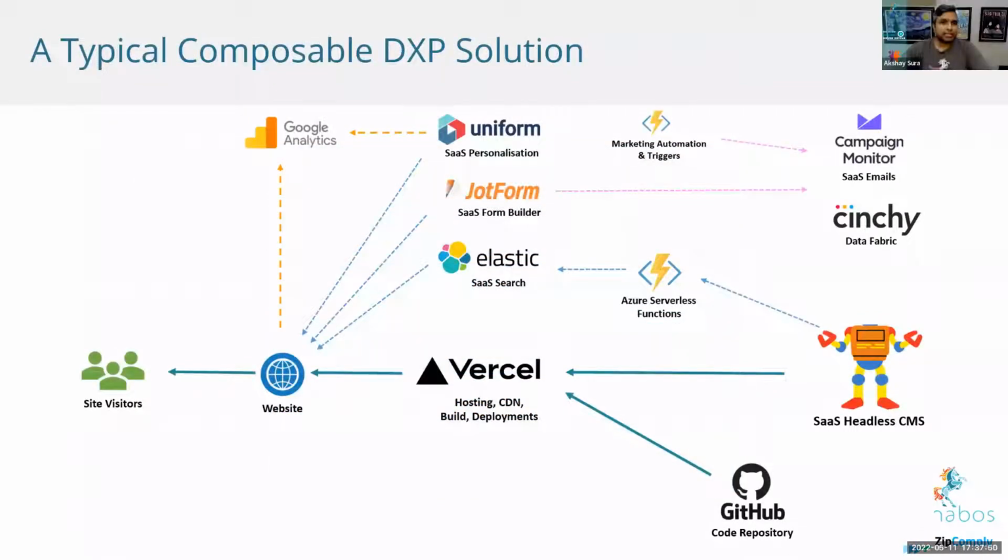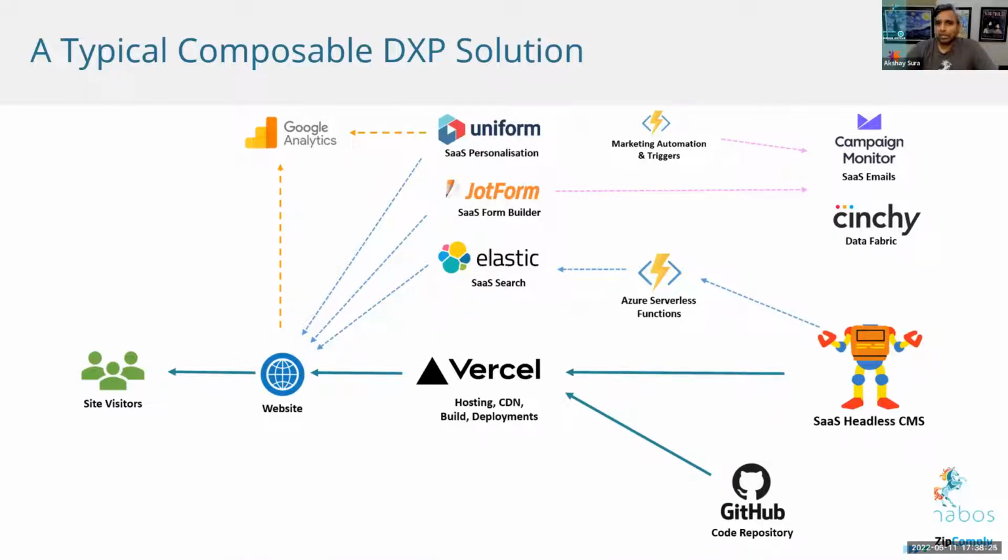So in these slides, what we've done is all of the Sitecore architecture diagrams, we've actually replaced with what they ended up being in the composable DXP solution. The main thing to note is we still have a website, we still have visitors, but because we're using something like Vercel, we don't need an additional CDN like an Azure CDN or anything else in front of it. Everything is working off of each other. Most of the time we are integrating directly into these systems for personalization, or if you're rendering a form, a search page, things like that.